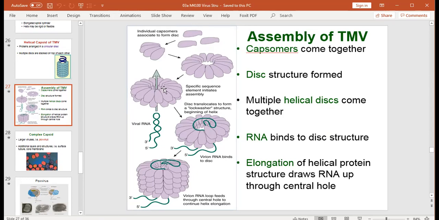And after multiple discs assemble and sit on top of each other, the disc forms a lock washer structure where the RNA will get stuck or will attach to that lock washer structure and will, if you wish, be sucked into this elongating helical protein structure or the capsids.